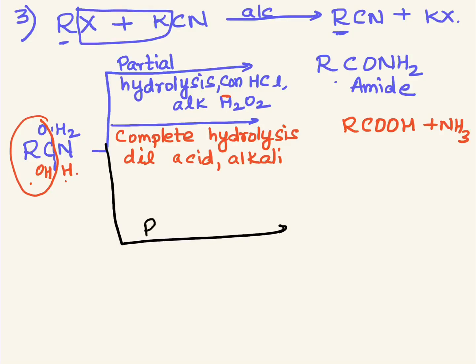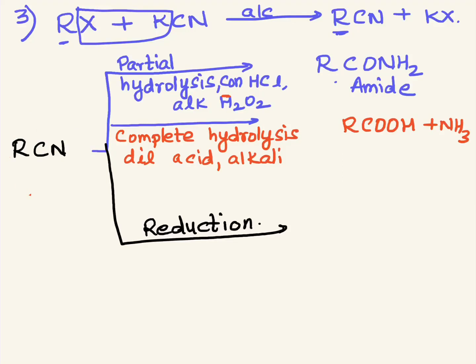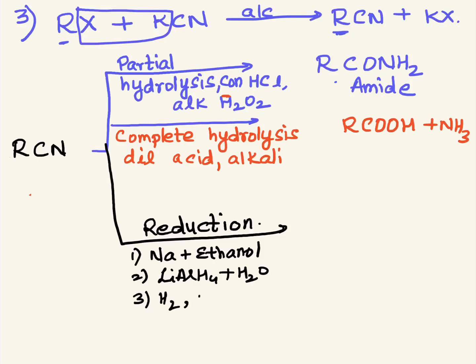Next, if we carry out the reduction of the RCN. Reduction means I will need to take reducing agents like sodium and ethanol, or maybe lithium aluminium hydride, or maybe hydrogen in the presence of nickel, platinum, palladium.